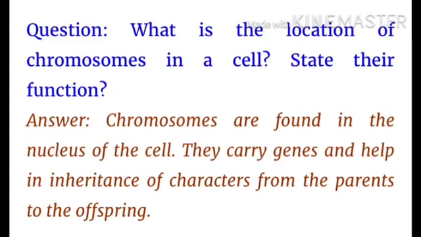Chromosomes appear when the cell is ready to divide. They play a role in the reproduction of the cell during division, that is, when the cell is ready to divide into two daughter cells.